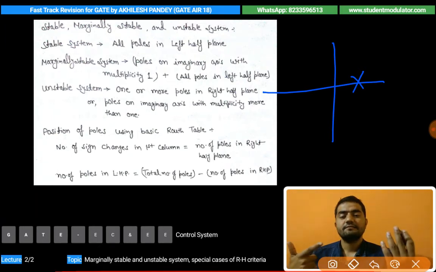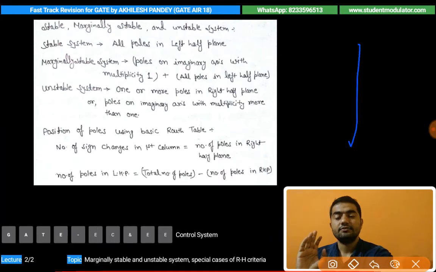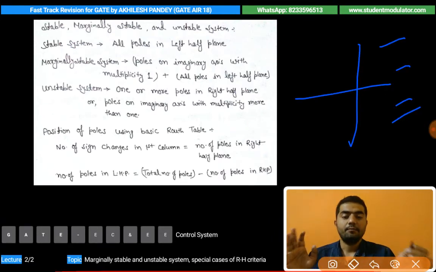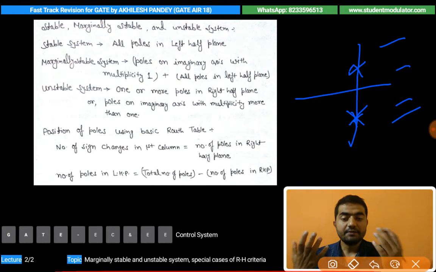One more condition for instability is that there is no pole in the right half plane, but there are conjugate poles or poles on the imaginary axis with multiplicity more than 1, meaning multiplicity 2, 3, anything, multiple poles on the imaginary axis at the same point.